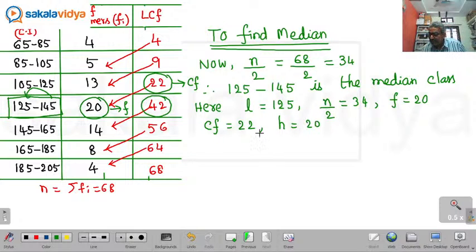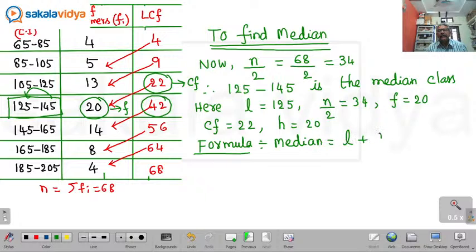Now the formula. Median is equal to L plus n by 2 minus CF upon F, multiplied by H. Let us substitute the values.